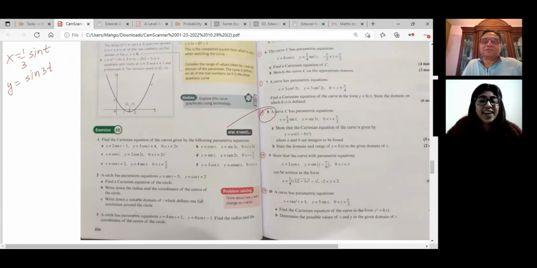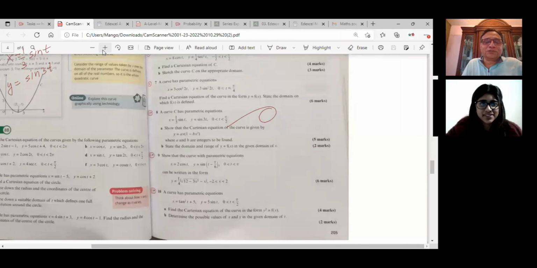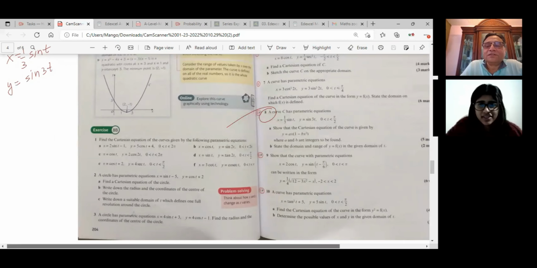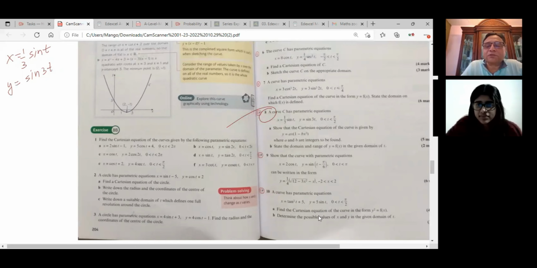I thought you said 1a. Those are very simple, so I thought we'll skip all those. You do them. I'm looking into those circle questions. So x is a third sine t, and t is between 0 and pi by 2, not including pi by 2.